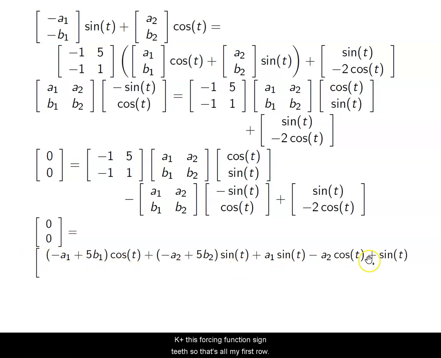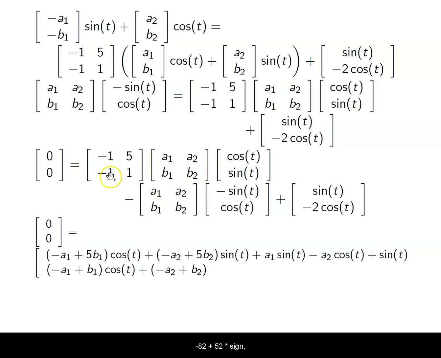So that's all my first row, and I'll do the same thing for the next one. Negative a1 and b1 times cosine, okay, negative a2 plus b2 times sine, okay, negative a1 minus b1 times negative sine, okay, and then same thing here.